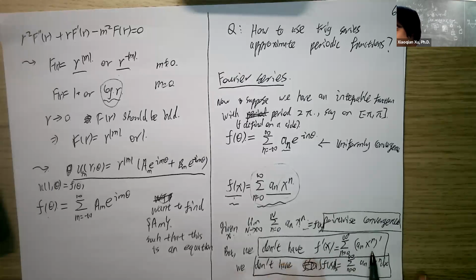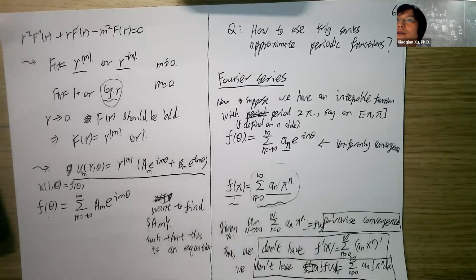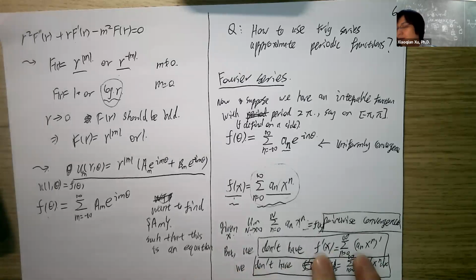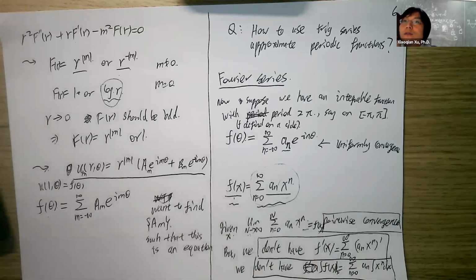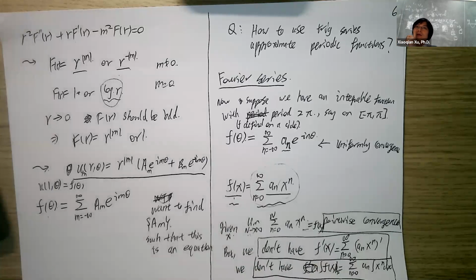But the left hand side is you first take delta x tends to 0, then you take capital N goes to infinity. So these two sides are different by switching the order of limit, similar for the integral. So if you only have the pointwise convergence, you cannot change the order of limit. You cannot take the derivative term by term, okay?